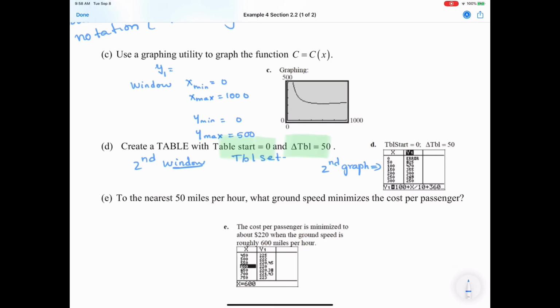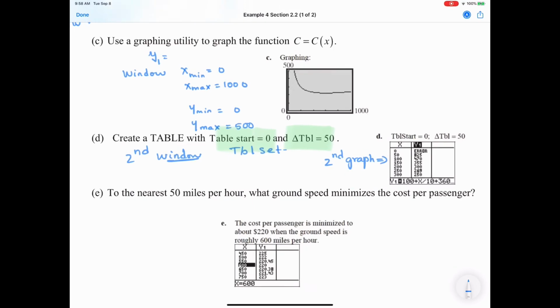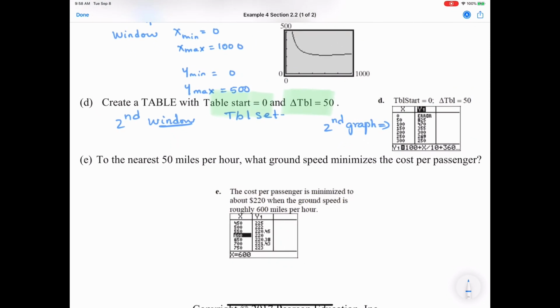So if you keep on going down in the table, you will see that to the nearest 50 miles per hour, the ground speed should be 600 miles per hour. This is something that you will see from the table function.